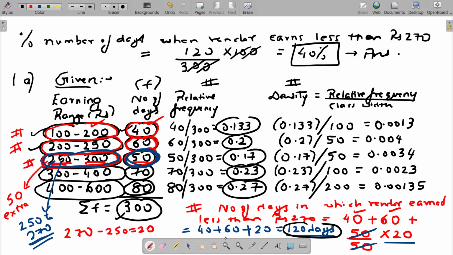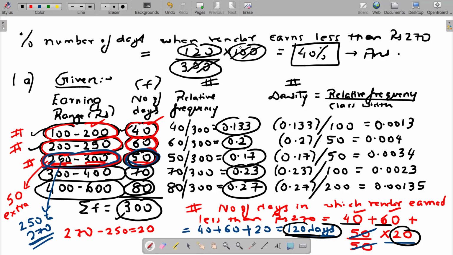So it's 40 plus 60 plus 50 days over this particular class size 50 and multiplied by 20, because from 250 to 270 we have 20 extra rupees. Okay, so I convert 120 days into percentage. How? 120 upon the total number of days, 300 times 100 gives me 40.